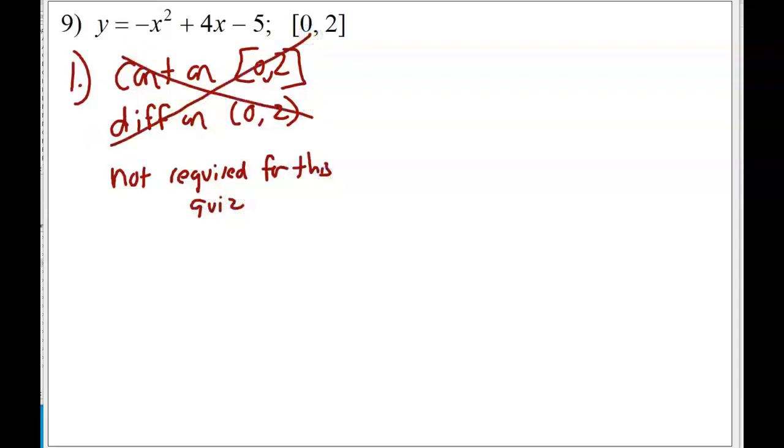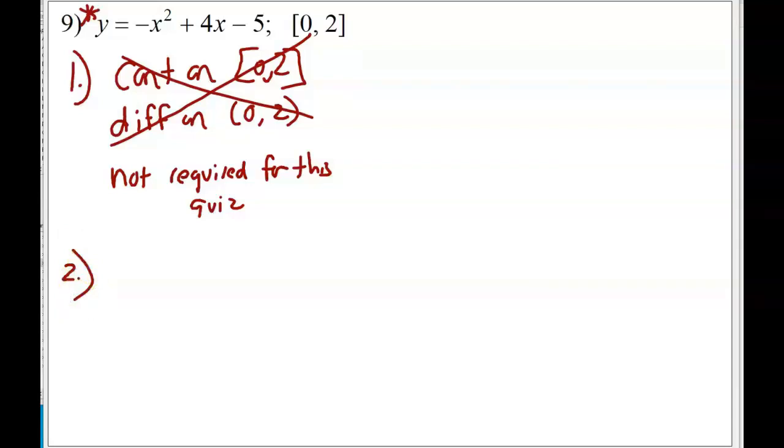Why? Because we did that in problems 1 through 6, and we don't want to spend more time. So I promise, whatever problem I give to you, the mean value theorem will apply. Okay? So let's go ahead and move on to the second step of doing the mean value theorem.